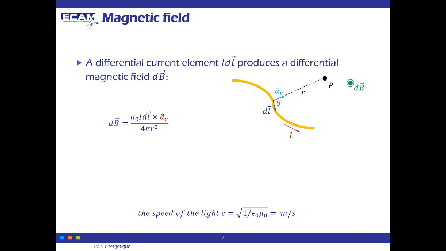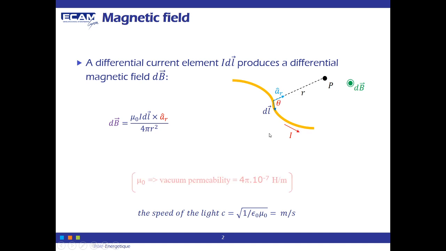So the angle theta between dl and the unit vector matters. Finally we will have a beautiful pattern of magnetic flux density around here, which could be obtained by using the superposition principle.